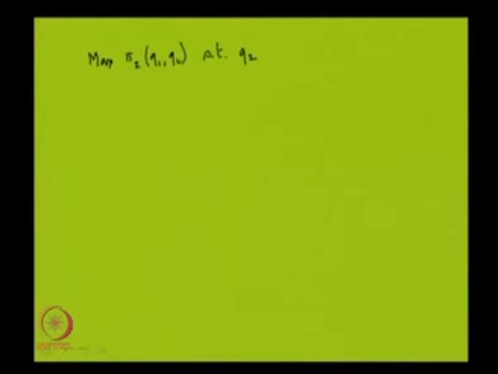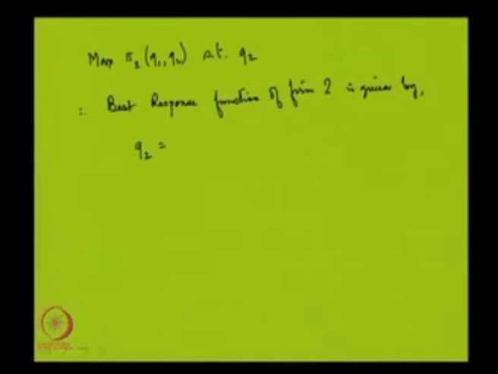We have found out the best response functions of each of the firms when we discussed the Cournot duopoly model, and we have seen that the best response of firm 2 is given by half of alpha minus c minus q1 if q1 is less than or equal to alpha minus c, equal to 0 if q1 is greater than alpha minus c.